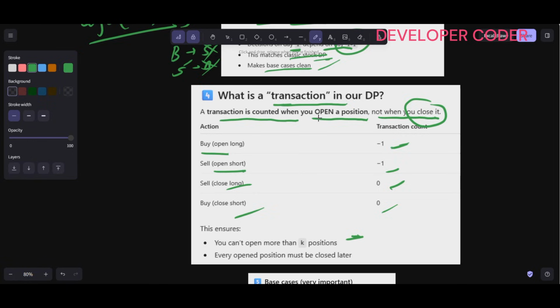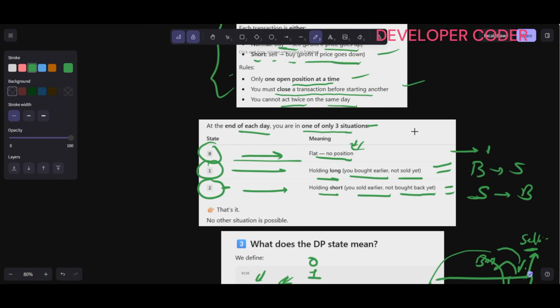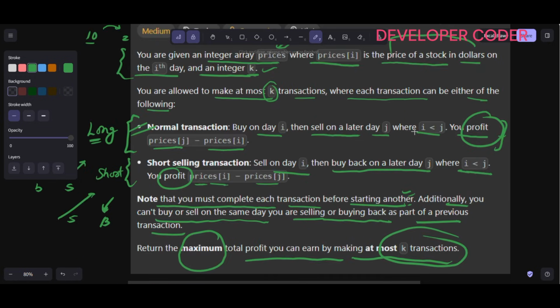A transaction is counted when you open a position. As you open a position, I will count the transaction, and we will complete it definitely, because we have to do exactly 2 transactions here. You are allowed to make at most k transactions, where each transaction can be either a normal transaction, which means buy and sell are both done, or short selling, which means sell and buy, both completed.